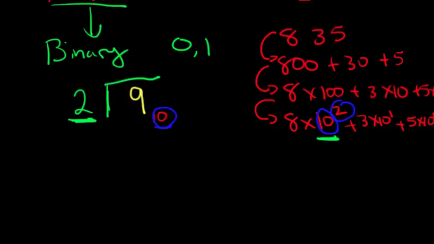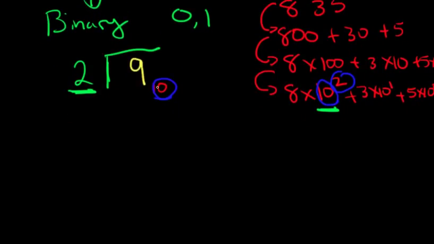Really this method just consists of taking the number in decimal and dividing it by 2, and you end up with a binary digit, otherwise known as a bit. And we keep dividing until we get the full number. It'll make more sense when you actually see it.